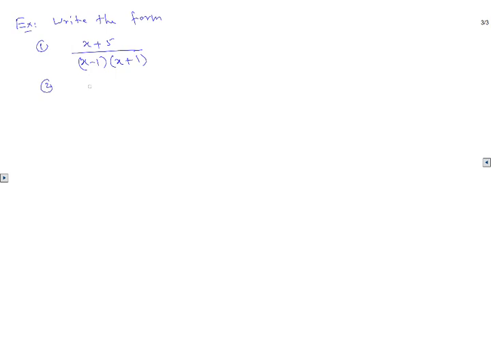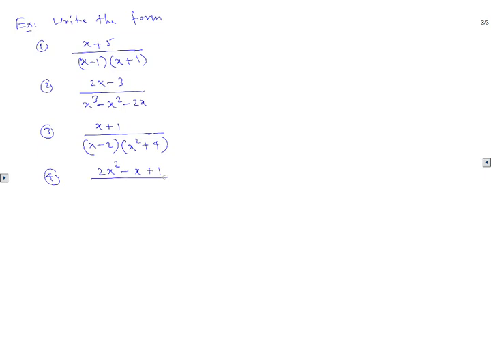and number 2, let's write 2x minus 3 over x cubed minus x squared minus 2x, and number 3, you can do x plus 1 over x minus 2 times x squared plus 4, and number 4, you can write 2x squared minus x plus 1 over x minus 2 times x plus 1 squared, and number 5, why don't you try something like this, x to the 6th power over x to the 5th minus 16x.